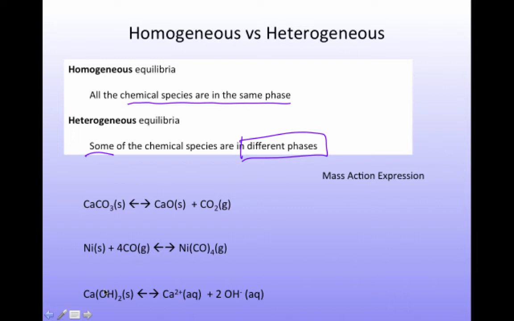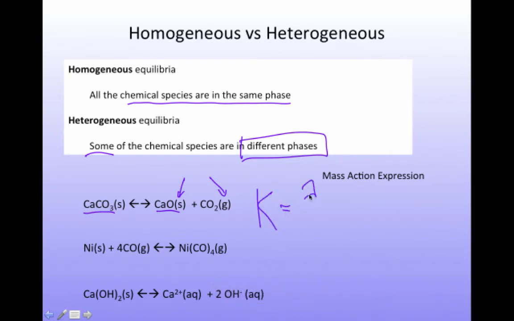And so anytime you have that, what that means is that the definition of the activity will differ for different substances. So for instance, if I look at this first reaction, this is calcium carbonate solid decomposes into solid calcium oxide and CO2 gas. So I've got solids and gases, clearly a heterogeneous reaction. So what is the mass action expression?